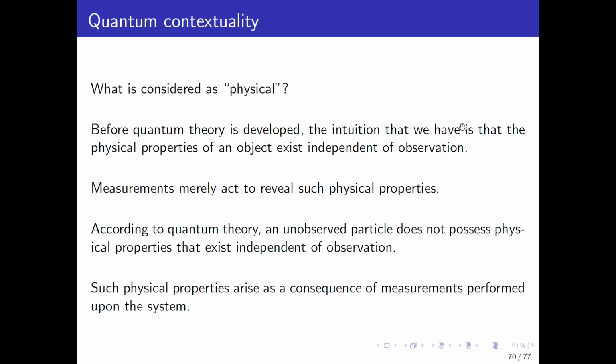So over here, you actually have two assumptions. Independent of observation means realism, and the other one is locality, which means that whatever measurements are done in another place cannot affect the other parts of the measurement results. So that is essentially what the EPR paradox tries to say.